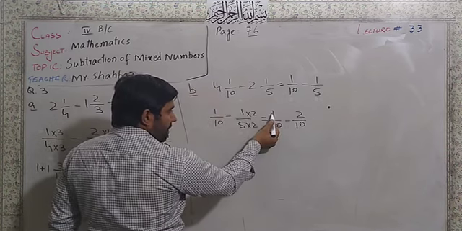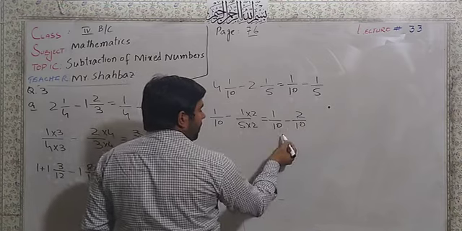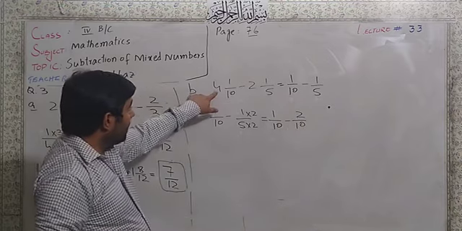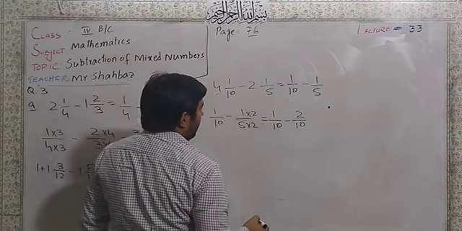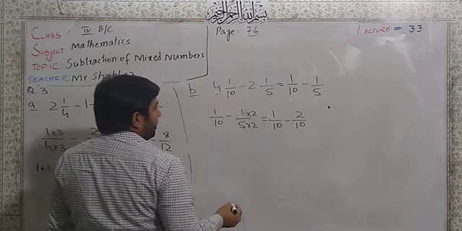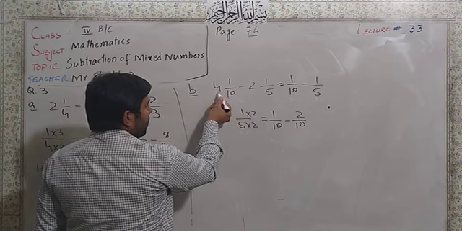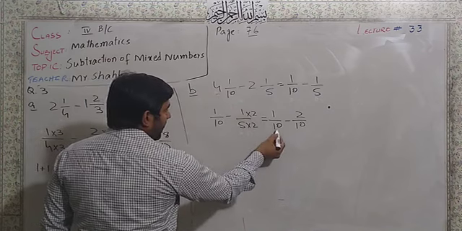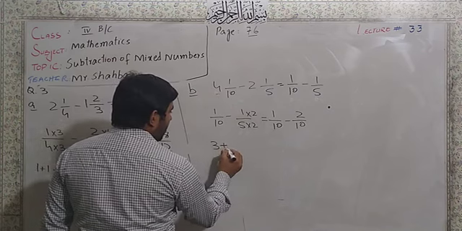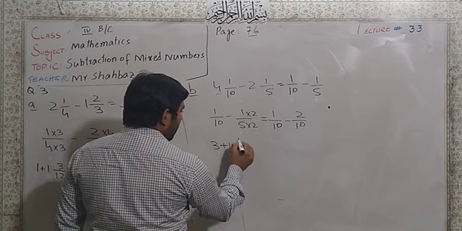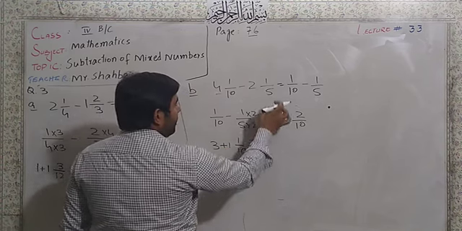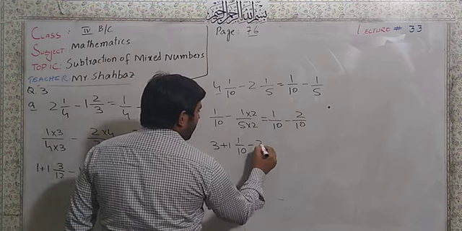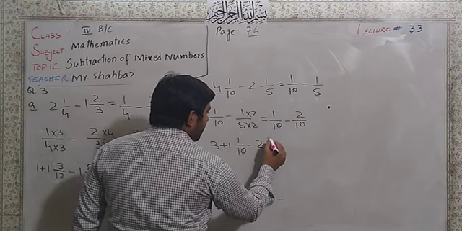Again, this one is smaller than 2, so we will take 1 from here, this whole number. So it will be 3 plus 1, 4, and this fraction 1 over 10 minus this whole number 2, and this will be as it is 2 over 10.